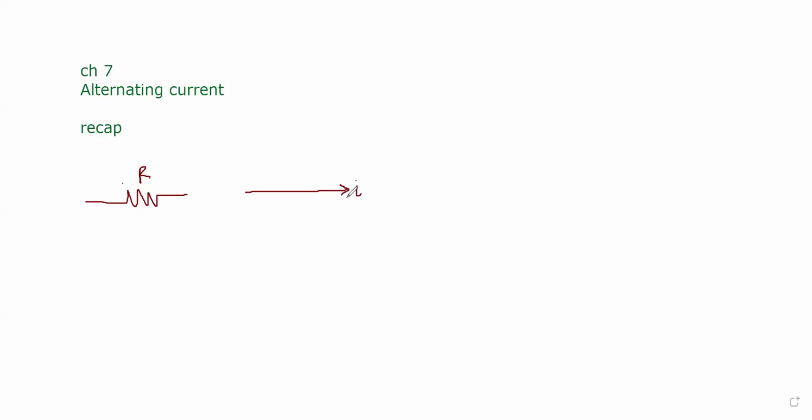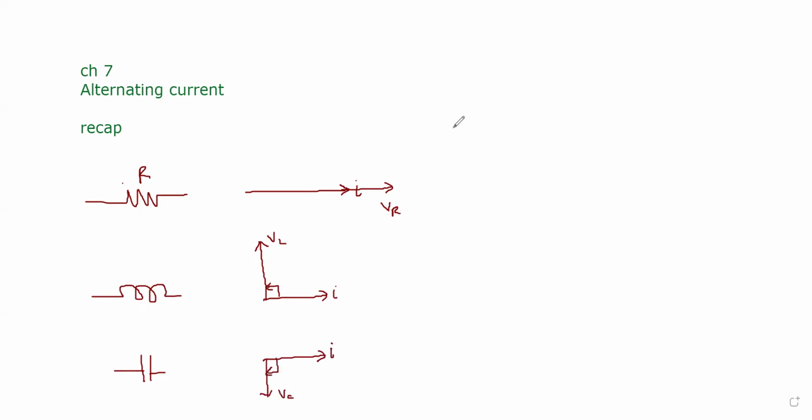It means current and voltage are in the same phase. In the case of an inductor, with respect to current, voltage is leading by 90 degrees. In the case of a capacitor, with respect to current, voltage is lagging by 90 degrees.